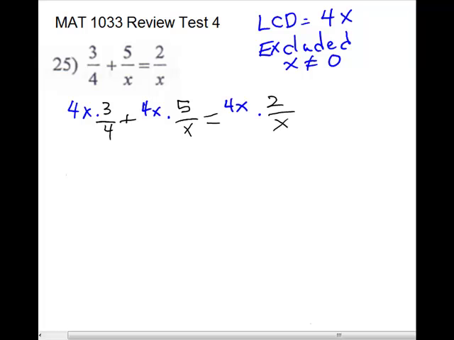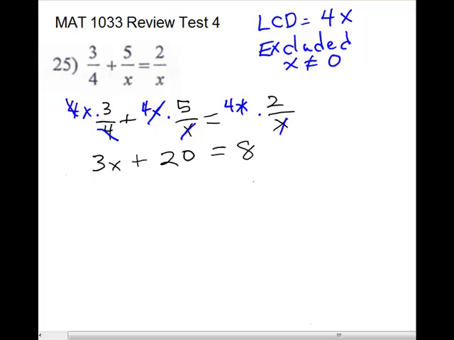Now we clean up. So we're going to cancel what we can. On this one, the 4's will cancel. It leaves us 3x. On the next piece, the x's will cancel. Leaves us 4 times 5 is 20. And on this side, the x's will cancel. Leaves us 4 times 2, which is 8.